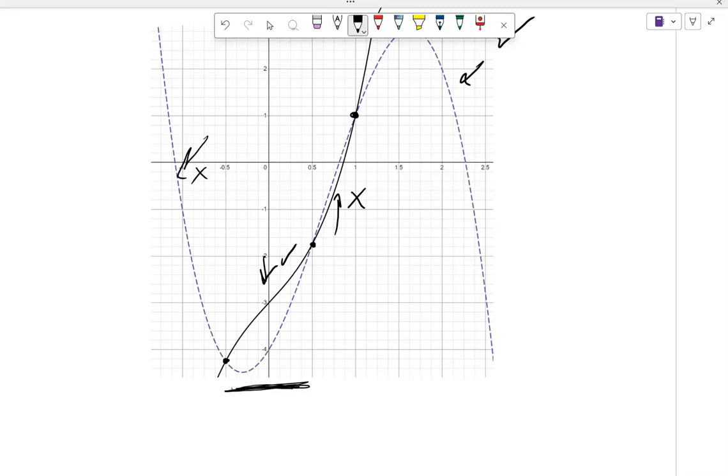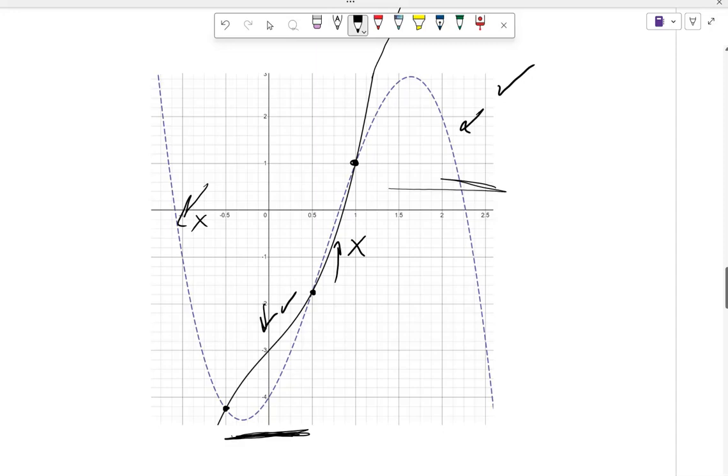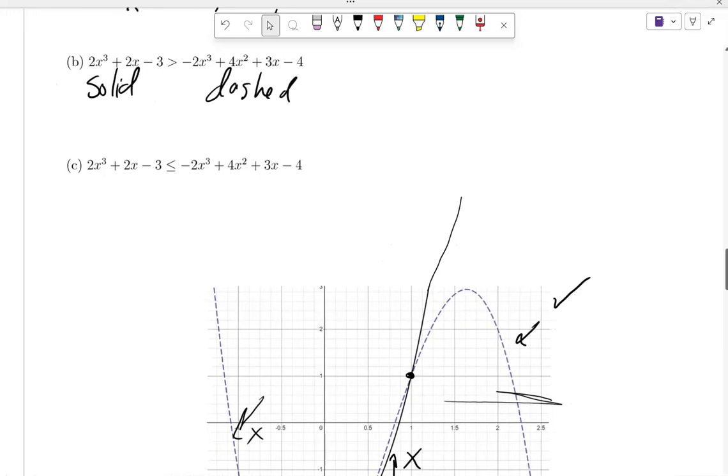Negative 1/2 to 1/2, right? And on this one, 1 to positive infinity. So I've got negative 1/2 to 1/2, and I've got 1 to infinity. It could be either or, so we'll use that union symbol again.